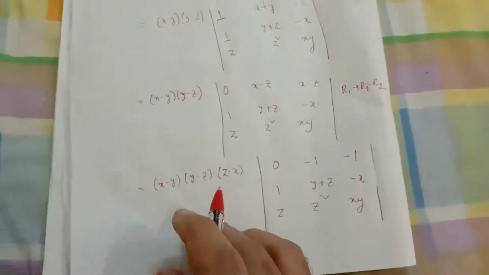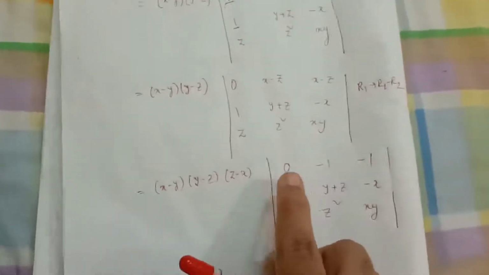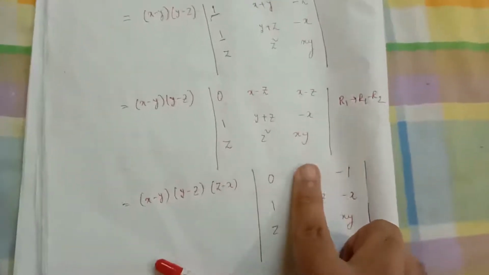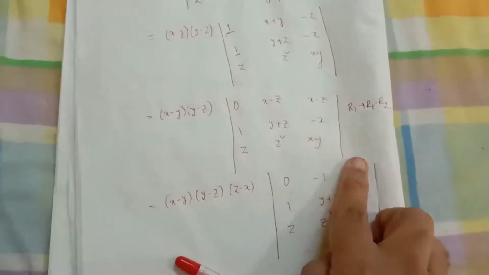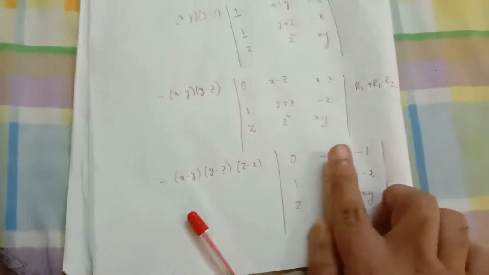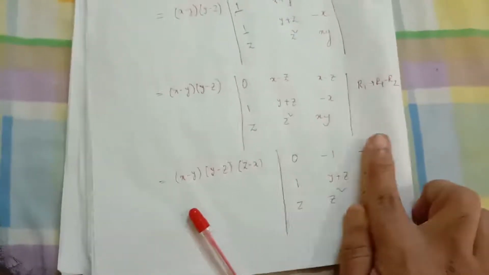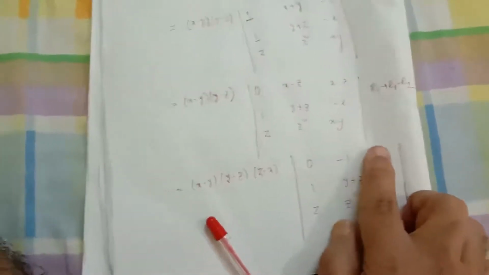Now what to do next? We have to bring 0. You can see minus 1 here in C2, minus 1 here in C3. So C2 minus C3 will give us another 0. So our next step will be to replace C2 by C2 minus C3. Minus 1 plus 1 will be 0.